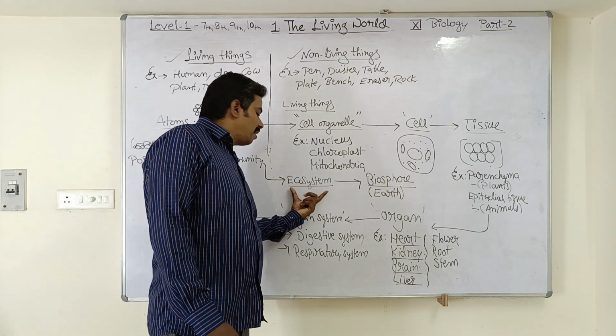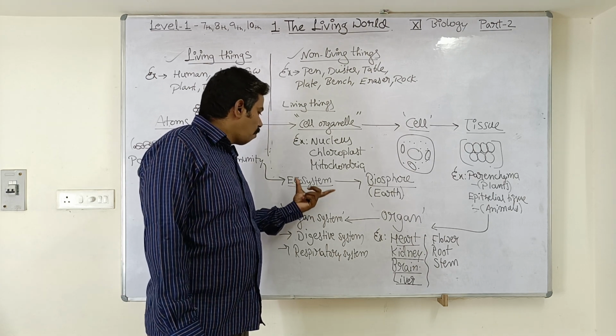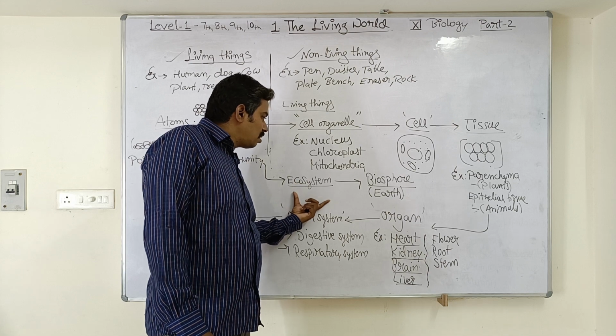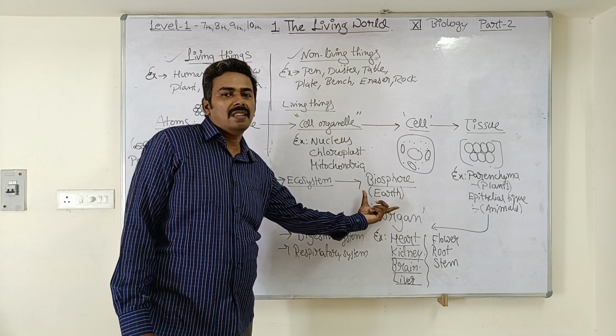So like desert ecosystem, grassland ecosystem, forest ecosystem, pond ecosystem, ocean ecosystem, like this many ecosystems combine and form the biosphere, that is earth.